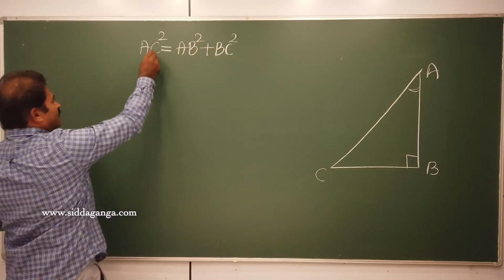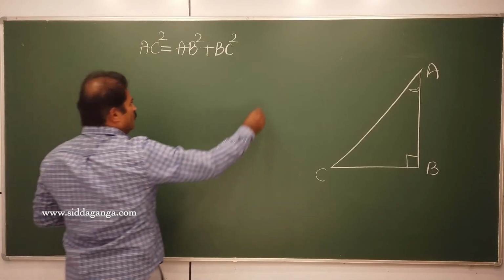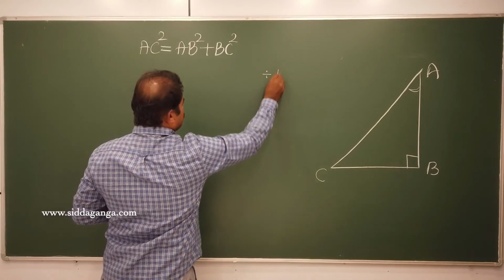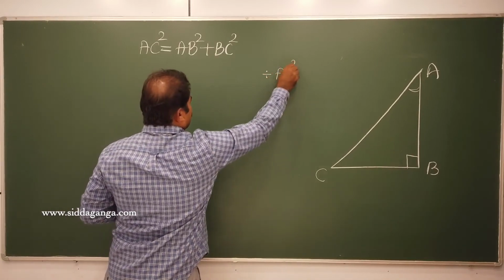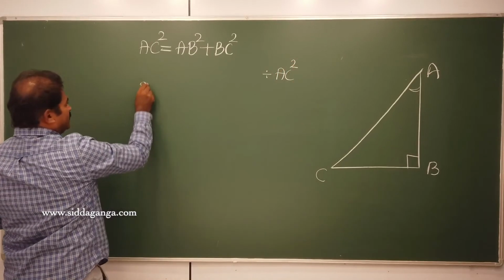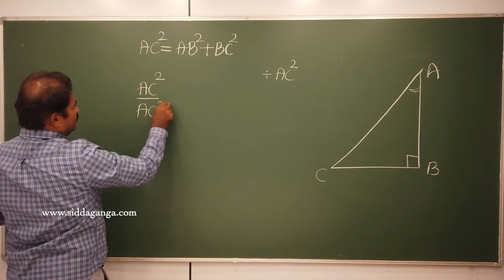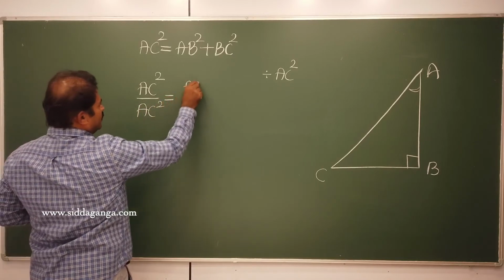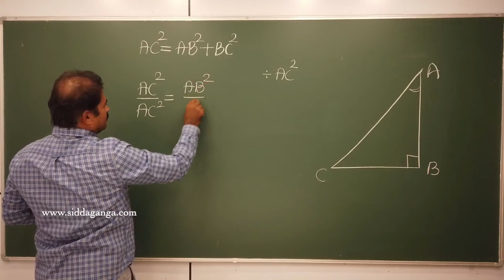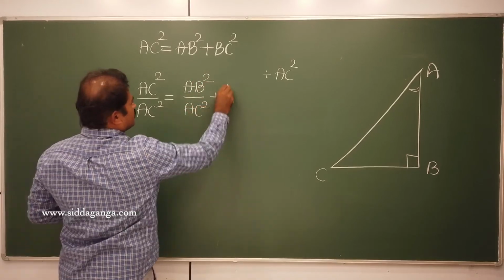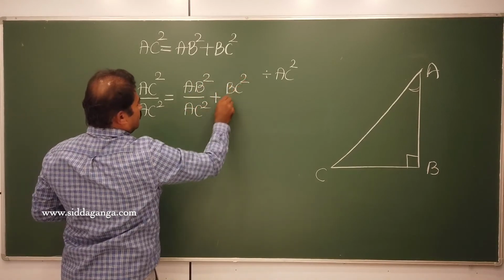Now you have AC square, which is the hypotenuse. Now we'll divide the whole equation by AC square on both sides. So that makes it AC square divided by AC square, which is equal to AB square by AC square plus BC square by AC square.